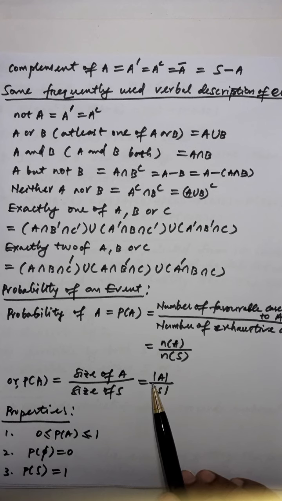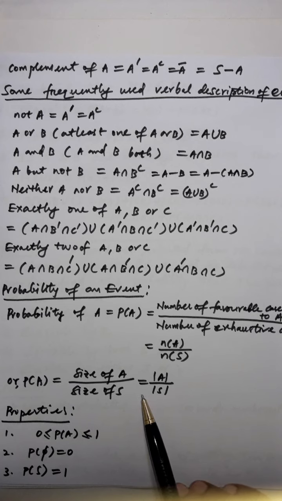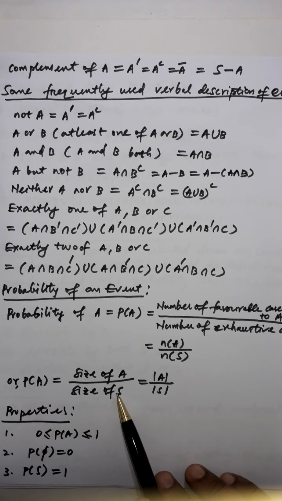If the set which forms the event or sample space contains real numbers, then it will be very hard to count the exact number of elements. We know the range of that set, but we cannot properly count the number of elements. So in that case, using the word cardinality or number of elements will not be correct. The better word will be the size of the event by the size of S.